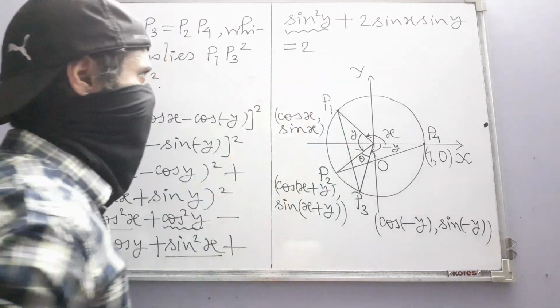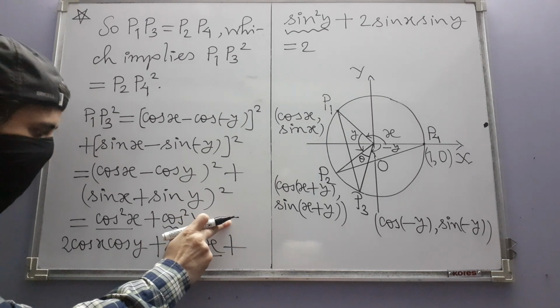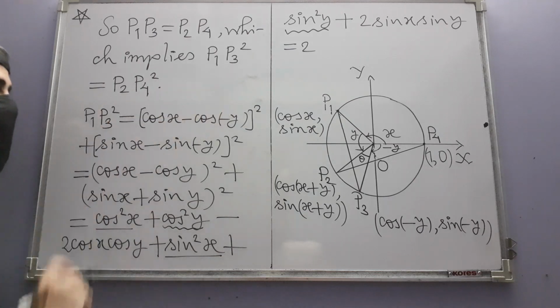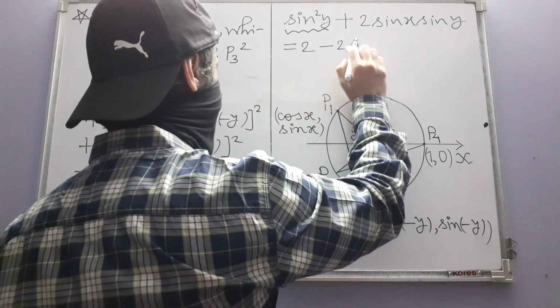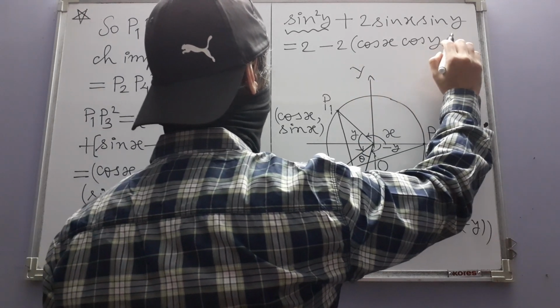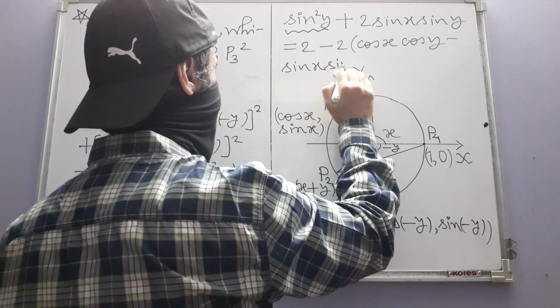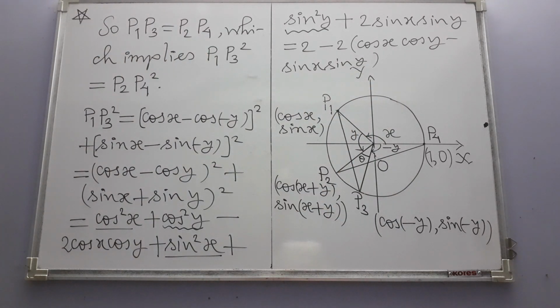So we are getting 2. And along with that, what else have we got? Minus 2 cos x cos y plus 2 sin x sin y, which we can also write like this: minus 2 times cos x cos y minus sin x sin y. Okay.